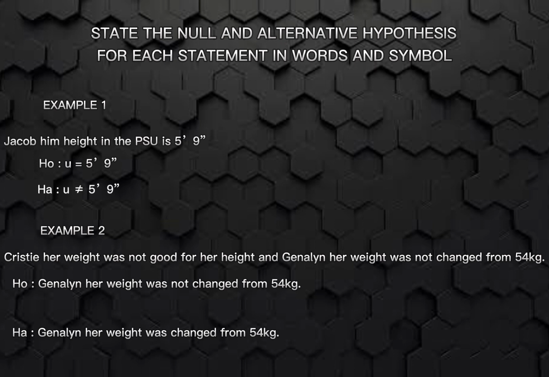Jenaline, her weight was changed from 54 kg. So, kaya yan, naging contradict lang siya sa ating null. Kaya naging alternative hypothesis. So guys, parang ganito lang siya. Kunwari, yung tama ay babaligtarin natin, gagawin nating mali. Parang ganun yung ating alternative hypothesis.